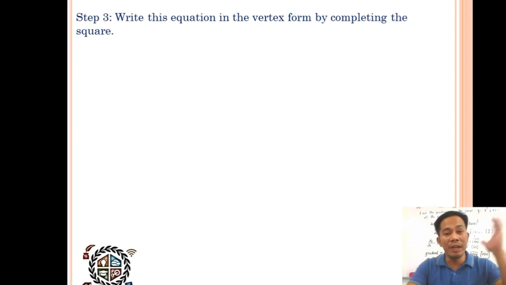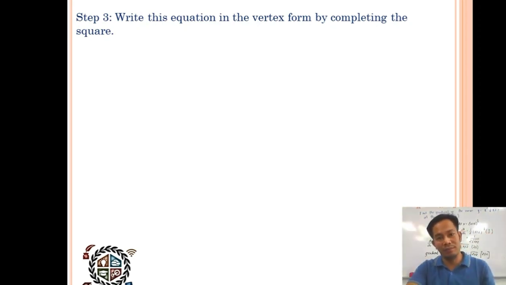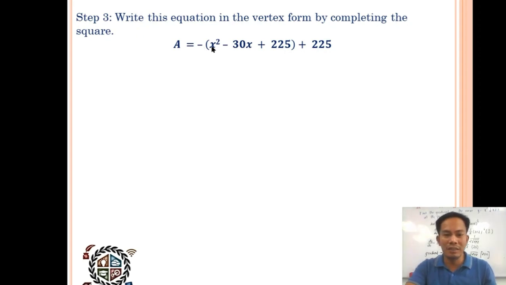Does it open upward or does it open downward? Okay? So, since you can already get that, okay, by the way, A is equal now to negative x squared minus 30x plus 225. Saan ko nakuha yung 225?